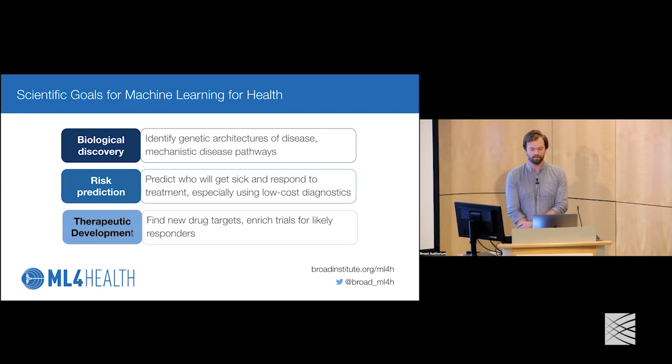To the degree that we can use relatively low cost or non-invasive diagnostics such as electrocardiograms to predict the kinds of things that more invasive procedures would normally be used for, the better. And we have various strategies for attempting to do that. Ultimately, we'd like to help develop new therapeutics, find new drug targets, or find ways of enriching clinical trials for individuals who are more likely to develop a particular outcome of interest.